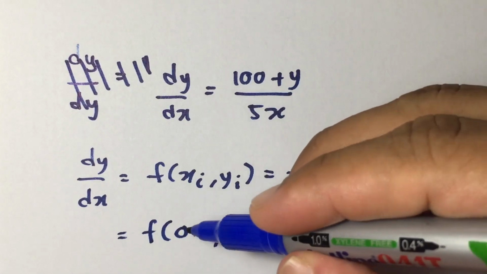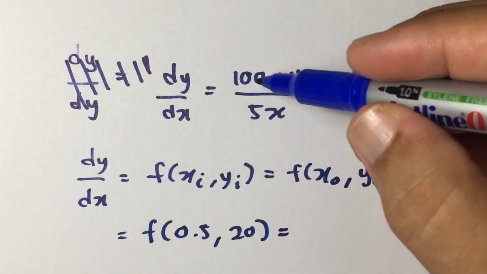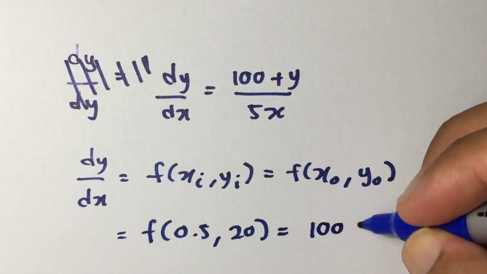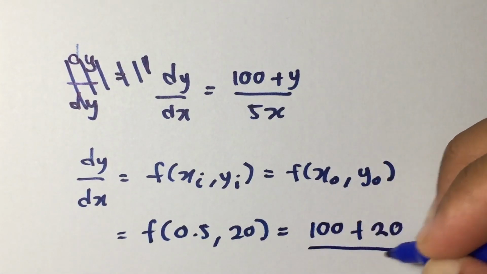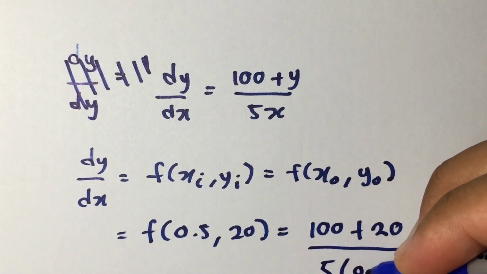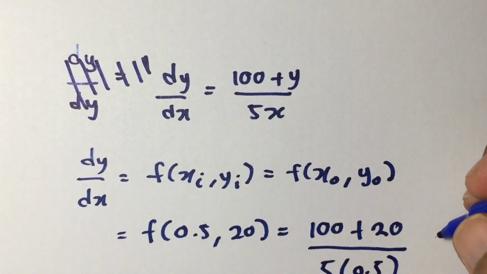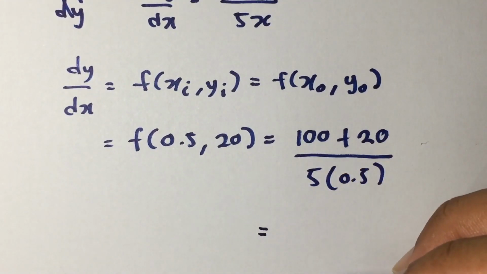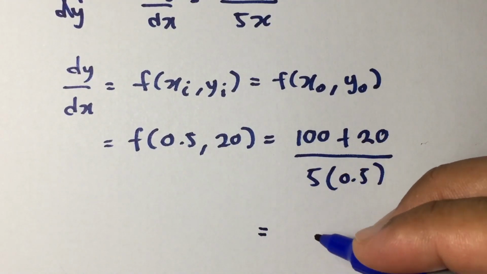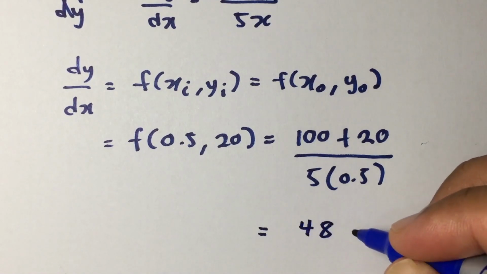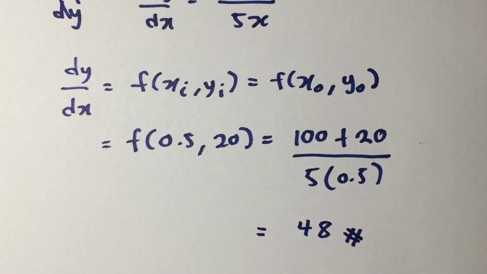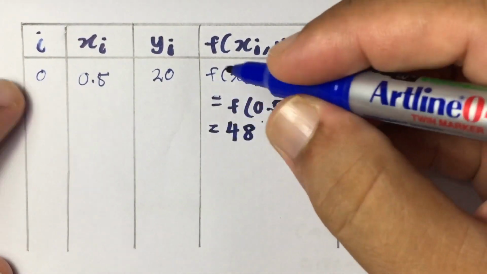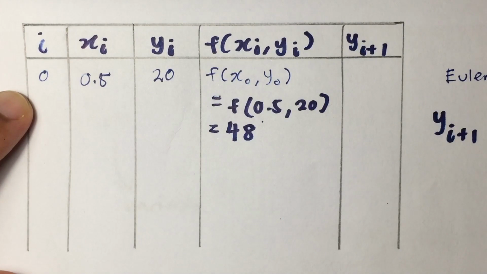So we simply substitute 0.5 and 20 into the ODE: 100 plus 20 divided by 5 times 0.5, which is equal to 48. So we insert 48 here as the value of f(x_0, y_0).